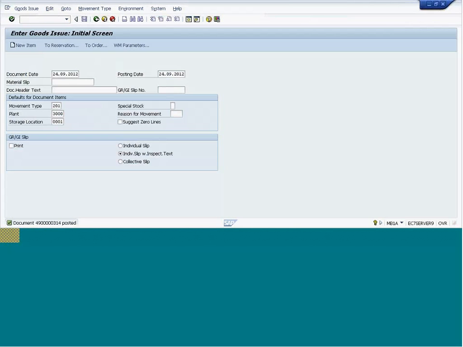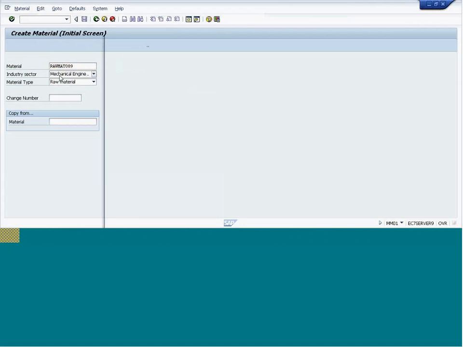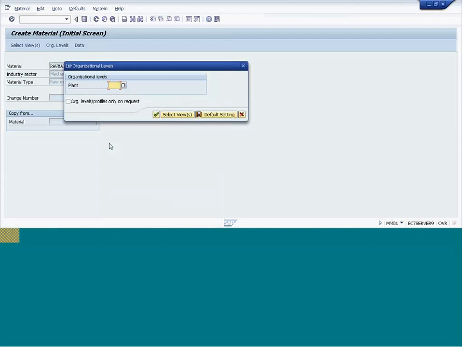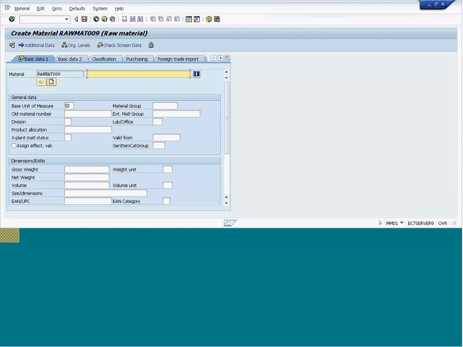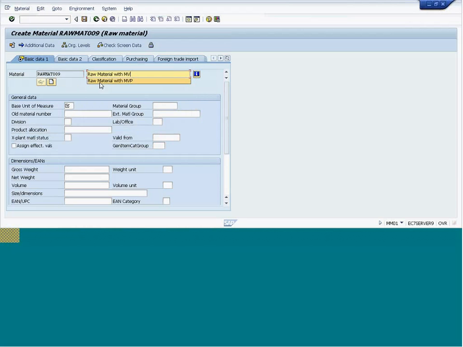Okay, so let me create another material here, 9. Again, I'm entering the standard cost only here. So again, raw material with the standard cost.